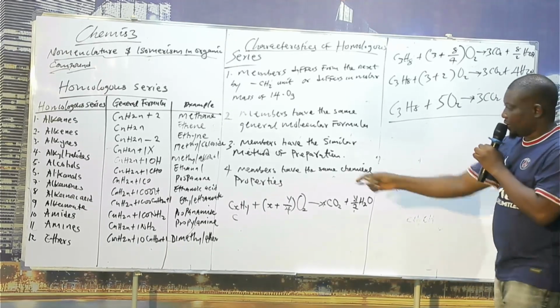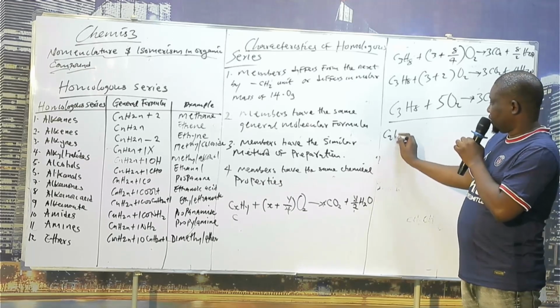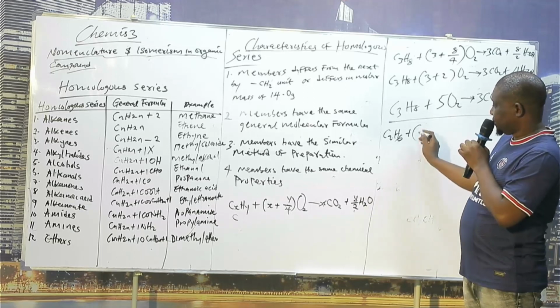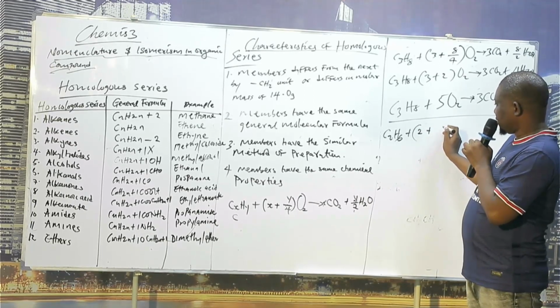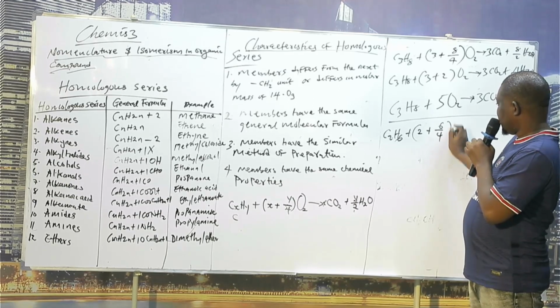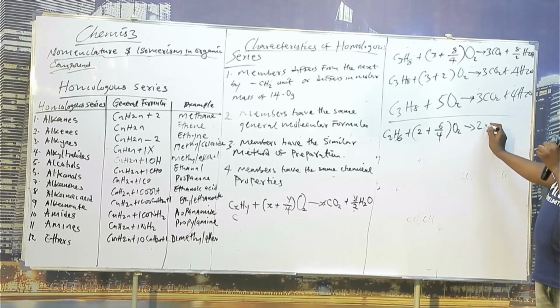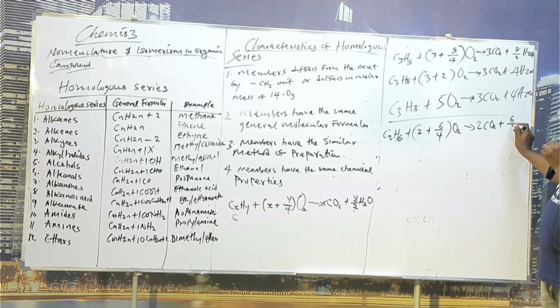So let X for ethane be 2, Y is 6, plus 2 here plus 6 over 4 O2 equals 2 up here CO2 plus 6 over 2 H2O.